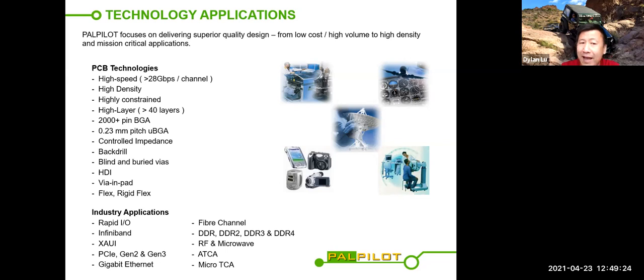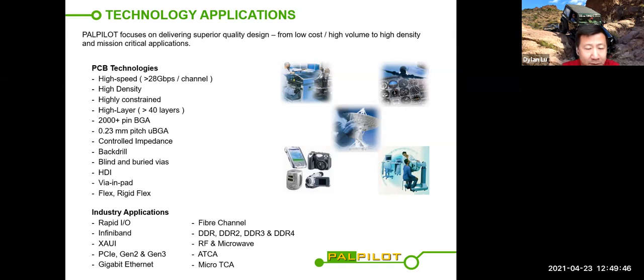How do you set up for back drills, blind and buried vias, HDI, via in pad? How do you set up parameters for flex boards, rigid-flex boards, or rigid boards? This also takes experience and know-how to do it, okay?